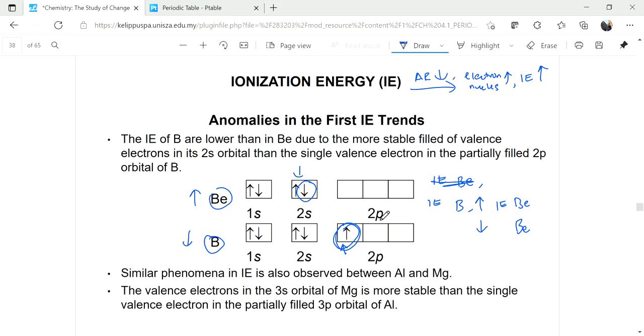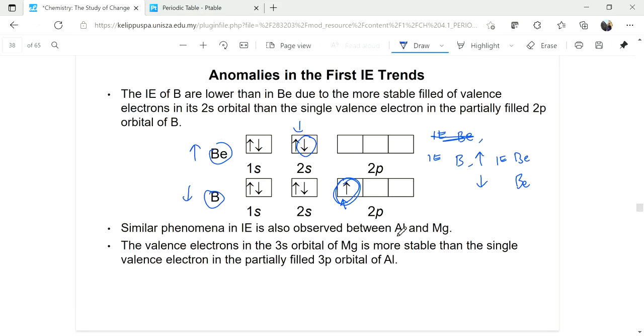A similar phenomenon also happens in aluminium and magnesium. To distinguish why, you have to write the orbital diagram for aluminium and the orbital diagram for magnesium, and see that the valence electron in magnesium is more stable than the valence electron in aluminium.